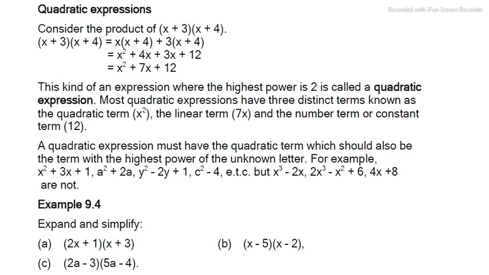So a quadratic expression must have a quadratic term, which should also be with the highest power of an unknown letter. So in this case, our highest power is 2 of the unknown letter x. We can have other examples of quadratic expressions. We can also have other powers. We can have power 3, power 4, and so on.